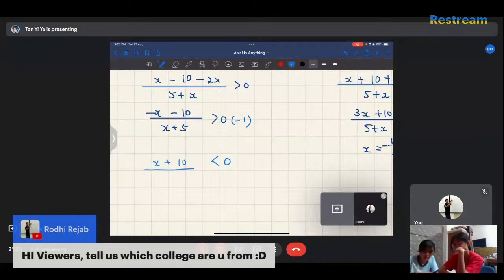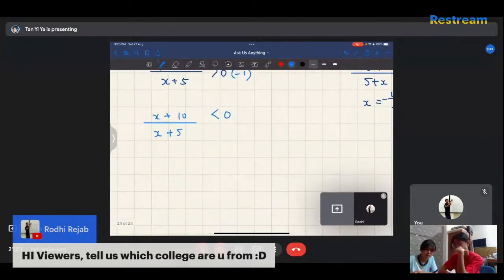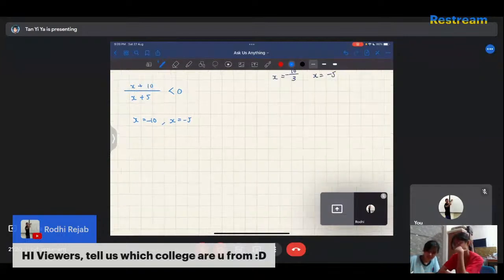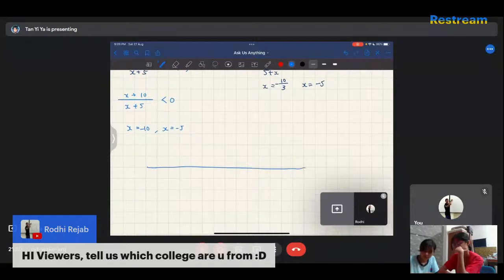Times -1. 10, -5. Never mind. Okay. Plot this into a number line. The end will be negative infinity and infinity.